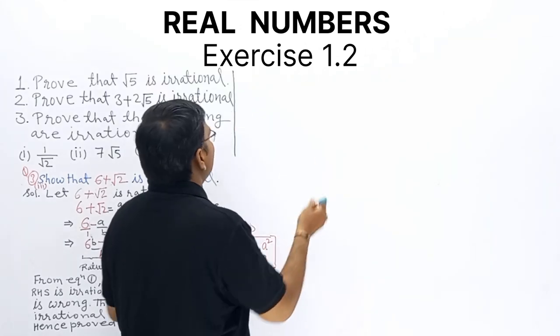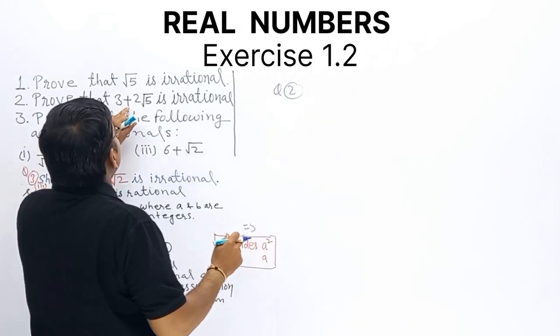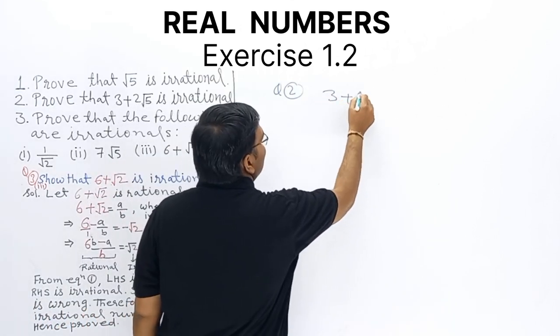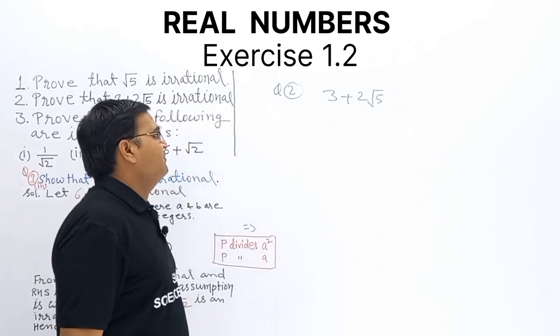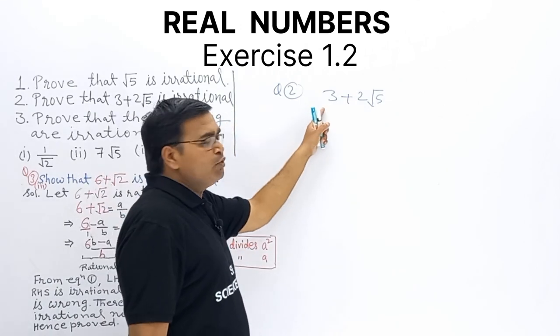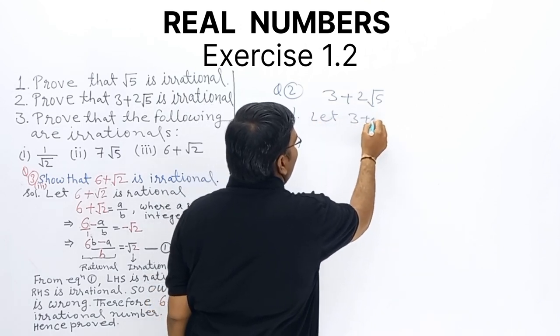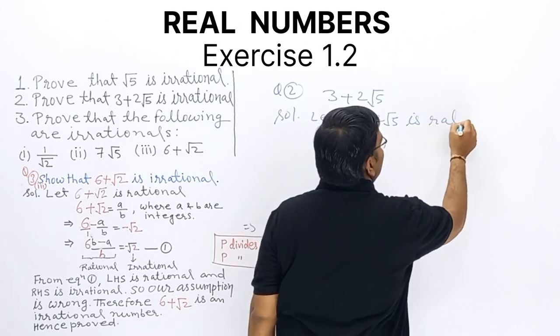Observe, I am taking question number 2 of your exercise. Prove that 3 plus 2 root 5 is irrational. We want to prove this one. So to prove this, we assume let 3 plus 2 root 5 be rational.